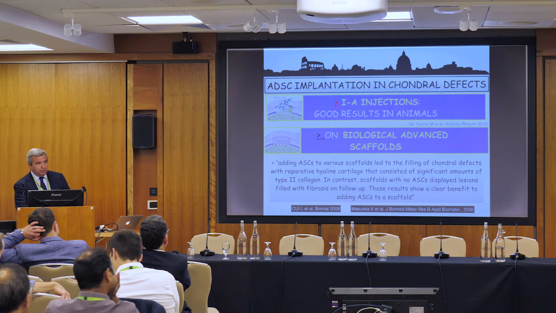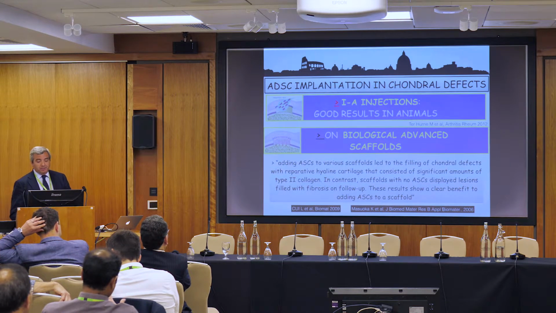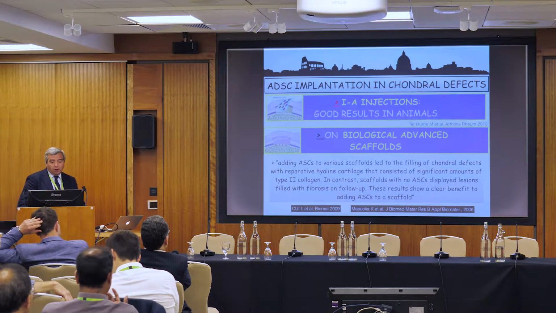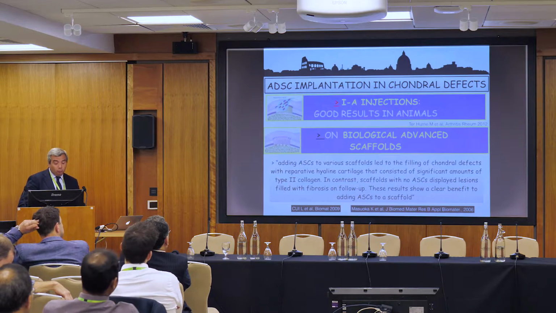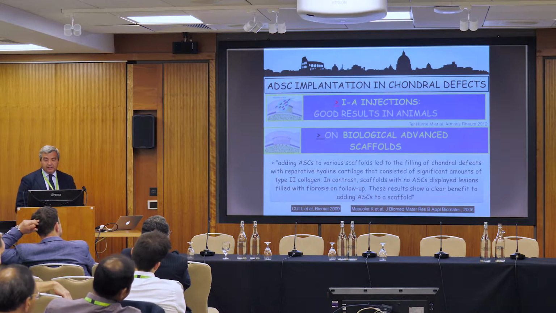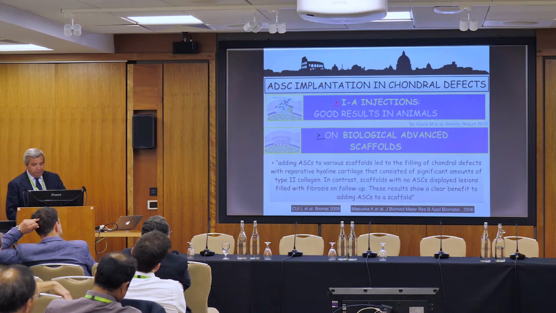And we have to get deeper on the use of scaffold, because as you see in these papers 10 years ago, they were stating that adding adipose stem cells to various scaffolds led to the filling of chondral defects with reparatively aligned cartilage that consisted of significant amounts of type 2 collagen. But in contrast, scaffolds with no adipose stem cells displayed lesions filled with fibrosis at follow-up, which clearly stated the benefit of adding adipose stem cells on a scaffold.